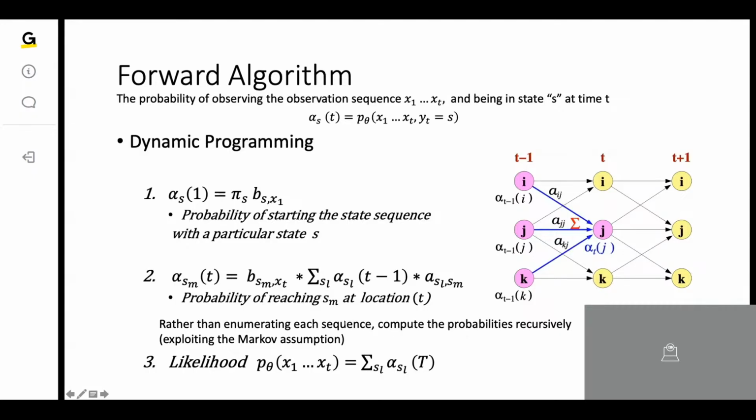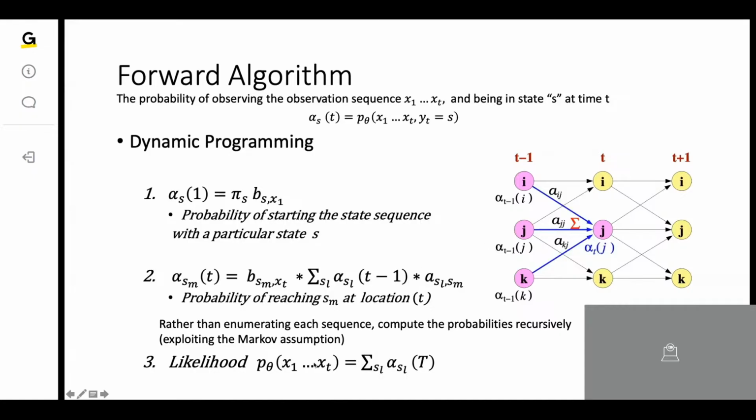Compute the probabilities recursively using the Markovian assumption. That's the idea here. This is very similar to the deltas which you computed in the inference algorithm, but the only change is that there we use the max operator to obtain the best possible path, while here we perform summation to marginalize over all possible state sequences.